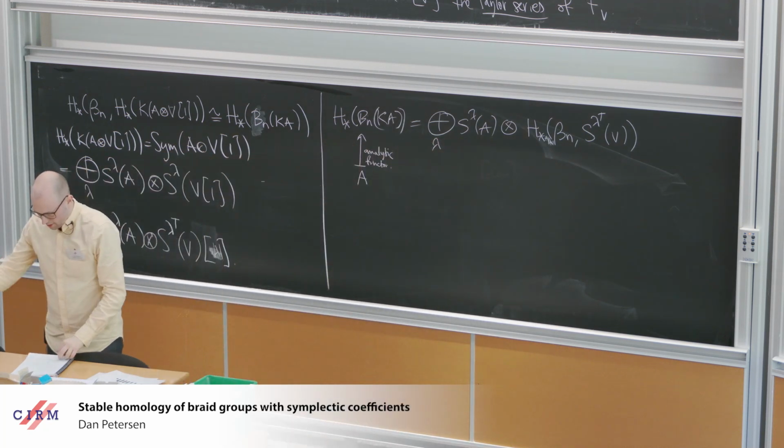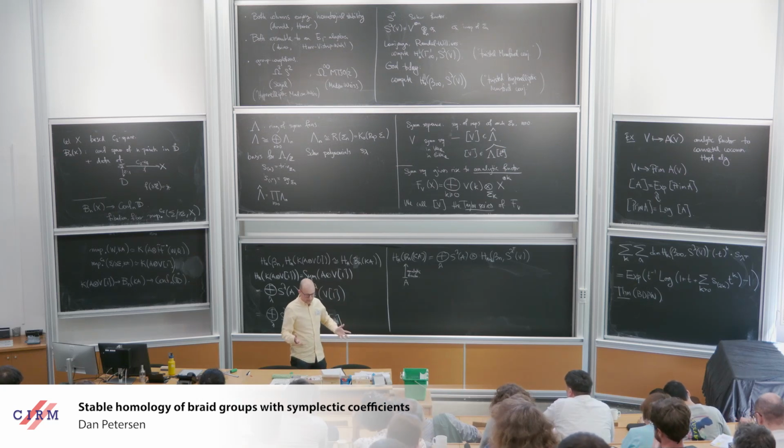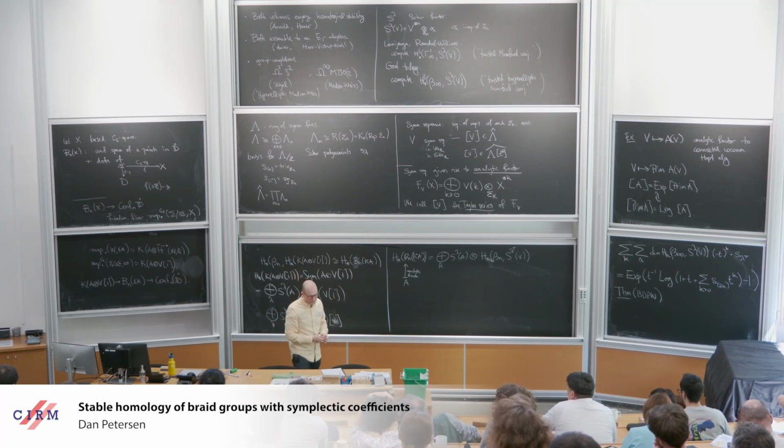Now if I can calculate these Taylor coefficients by any other means, and I can equate the two series, then I would have a calculation of the stable homology that I want.